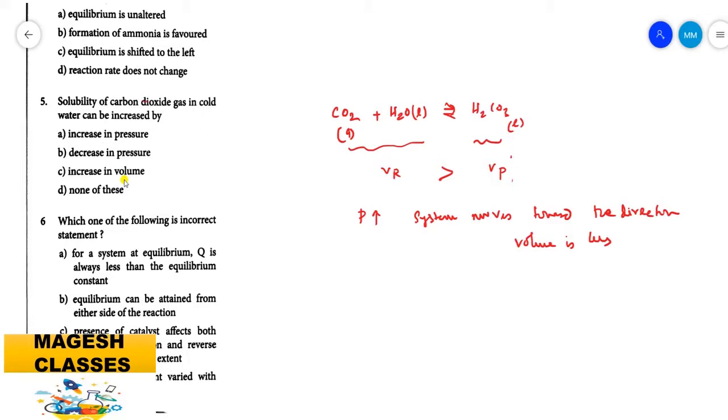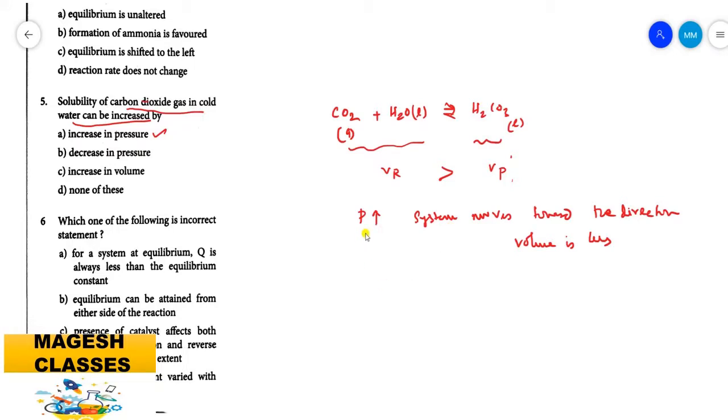So the carbon dioxide solubility is increased by increase of pressure, so that the carbon dioxide is converted into carbonic acid in the forward direction. Carbon dioxide is consumed in the forward direction, and in this reaction the volume is less on the right hand side.